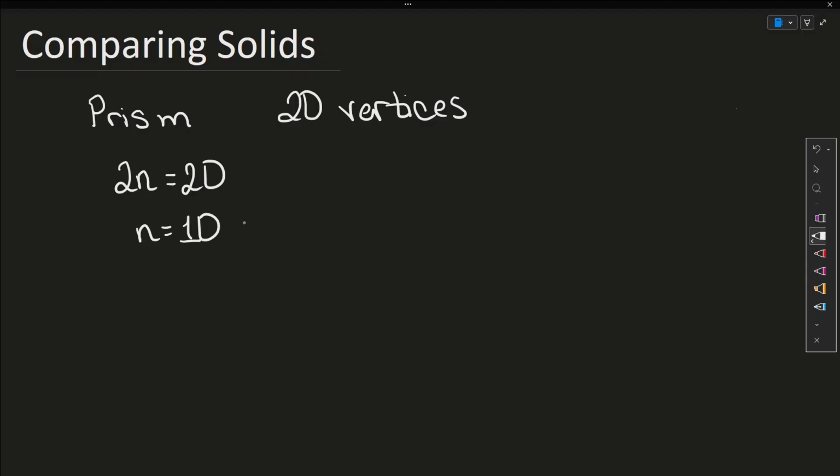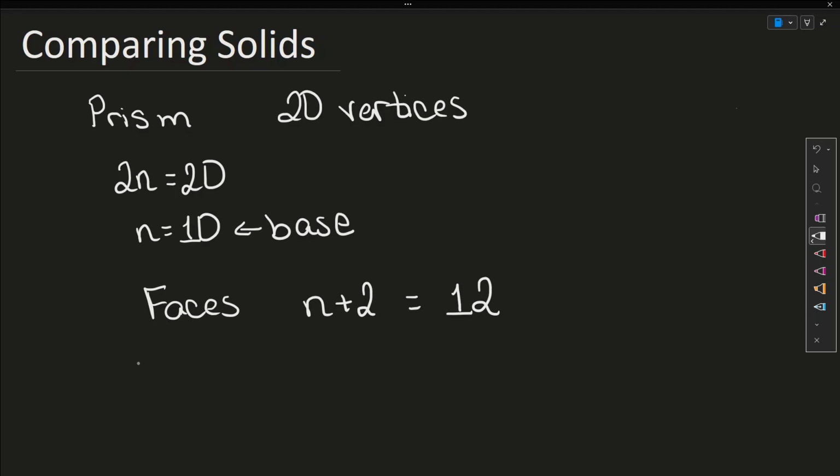The base has 10 sides. It's a decagonal prism. Our faces for a prism is n plus 2, and 10 plus 2 is 12. And our edges for a prism is 3n, and 3 times 10 is 30.